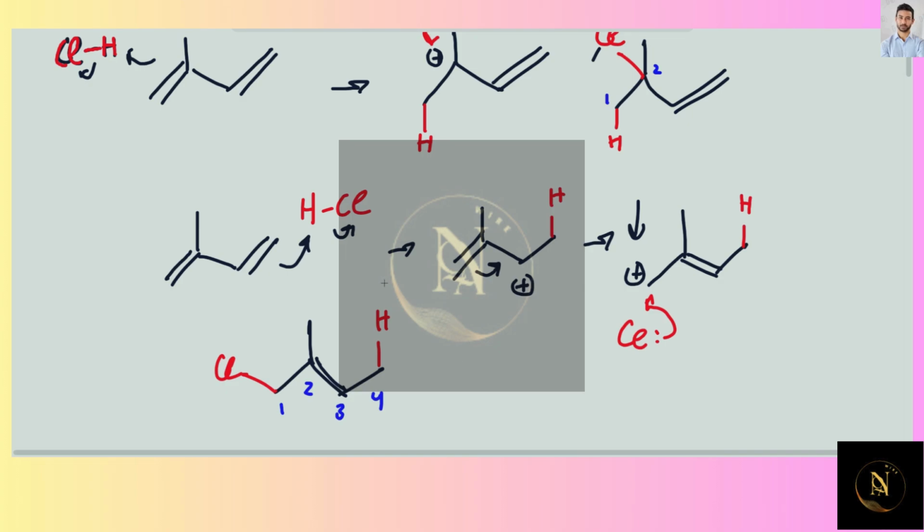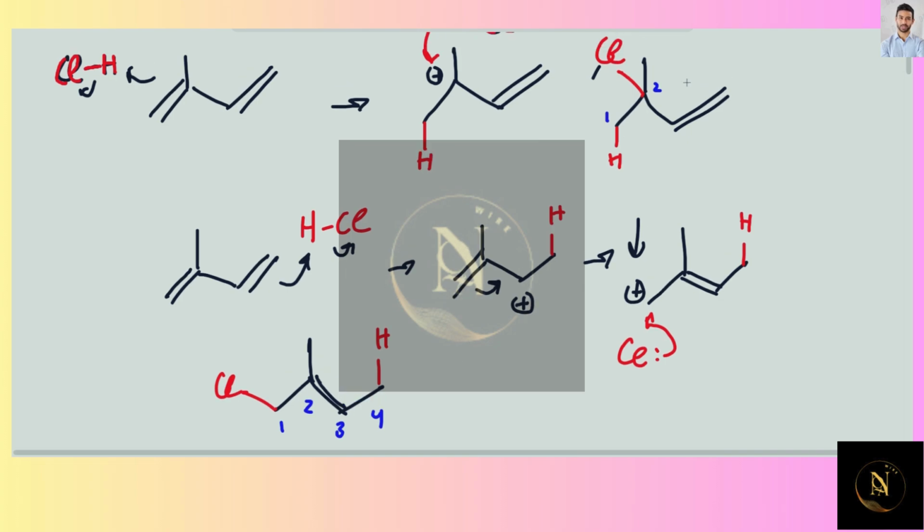Okay, so now that's the 1,2 addition product of HCl, and this is the 1,4 addition product of HCl. It's also possible that we could get a 1,2 product that looks like this, just by adding 1,2 to that bond directly.